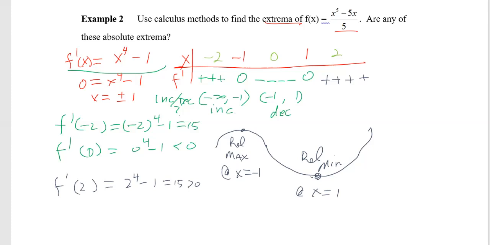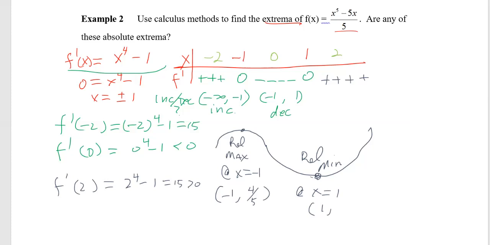Okay, our values we can easily get. Negative 1. Let's put that in there. That would be a 5 minus 1 is 4/5. And over here, at 1, we would have 1 minus 5.